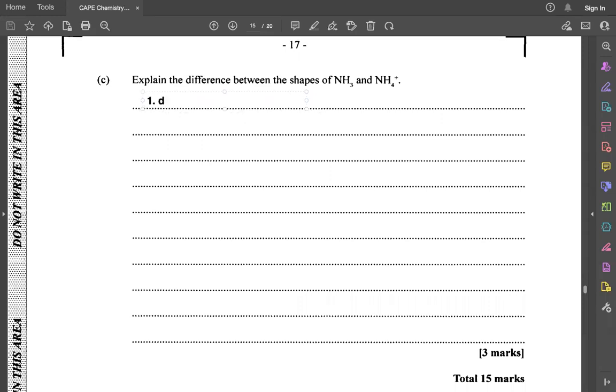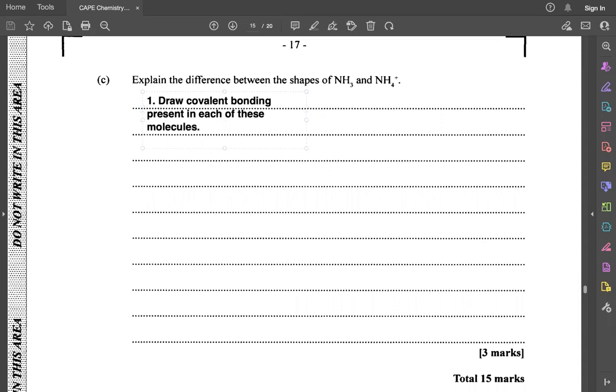So first, we're going to draw the covalent bonding present in each of these molecules.